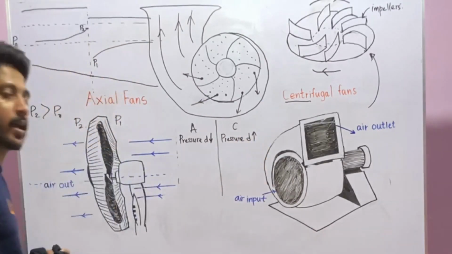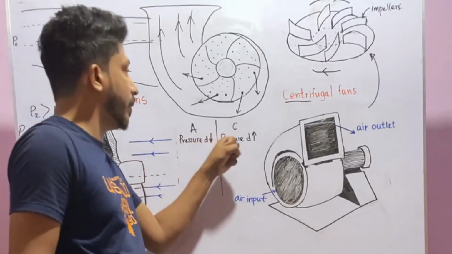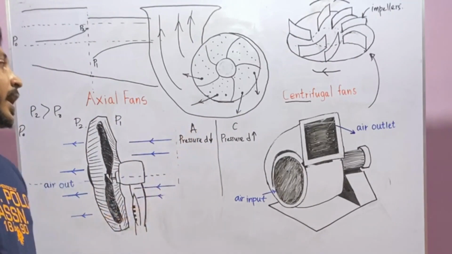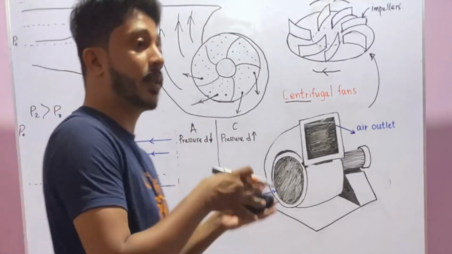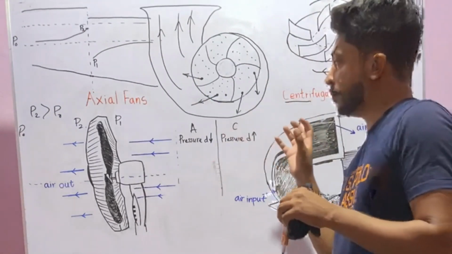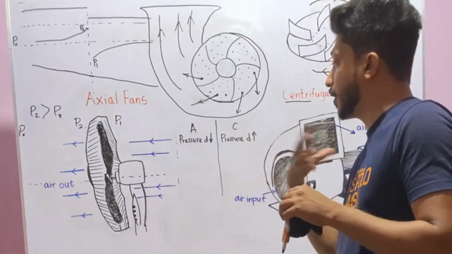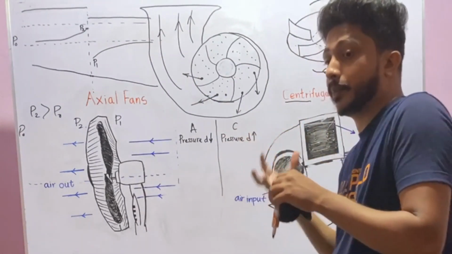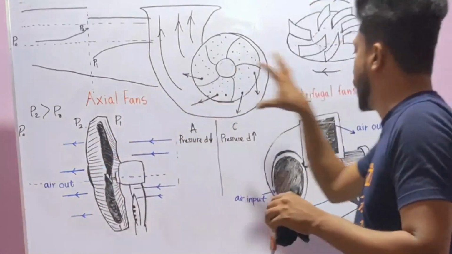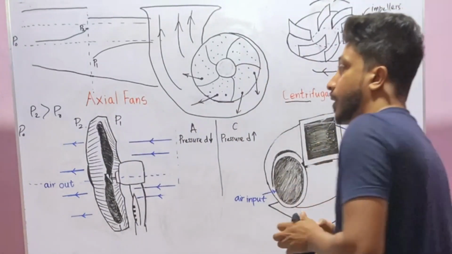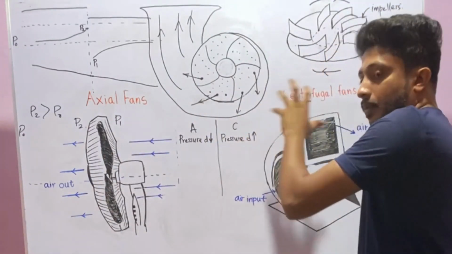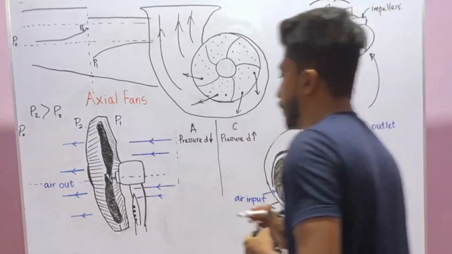In a centrifugal fan, they develop high pressure compared to the axial fan. Okay, at the beginning I told you that compared to the compressors, a fan does not produce much pressure. But here we compare axial fan and centrifugal fan. If we compare them, the centrifugal fan creates more pressure than the axial fan.